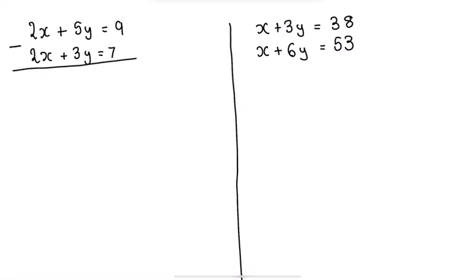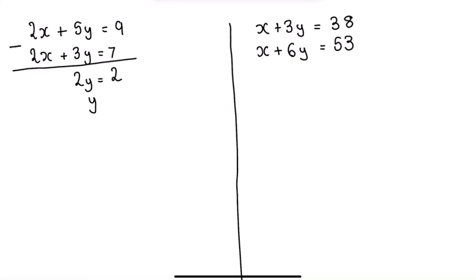Now, 2x take away 2x is 0x, so I've essentially cancelled those two out. 5y take away 3y leaves me with 2y, and 9 take away 7 leaves me with 2. So when you're taking them away, you're taking away the x's, and then the y's, and then your answers, making sure you're doing it for them all.